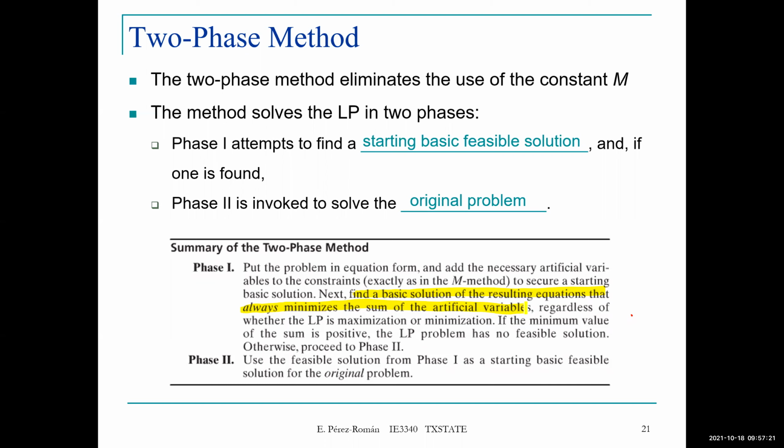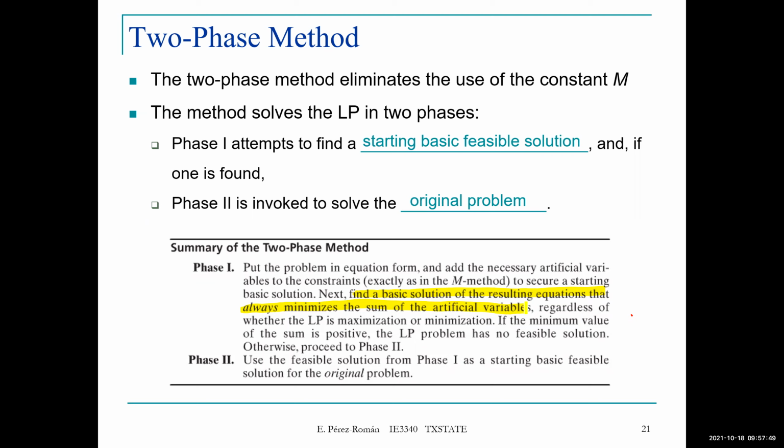So in phase one, the objective function is always going to be to minimize the sum of the artificial variables, regardless of whether your original problem is maximization or minimization. It doesn't matter for phase one.